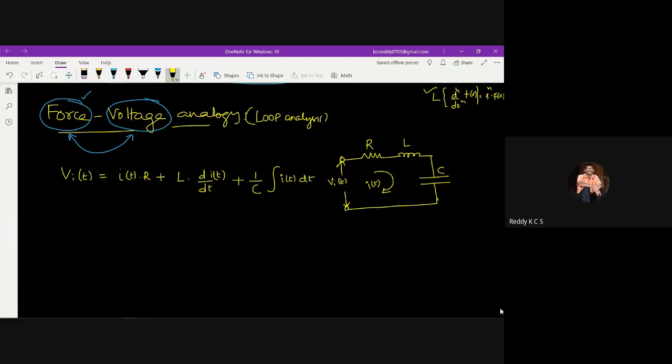So now the voltage across the three elements is calculated. Voltage across the resistance is I of t into R. Voltage across the inductance is L into d by dt of I of t, and voltage across the capacitor is 1 by C integral of I of t dt.